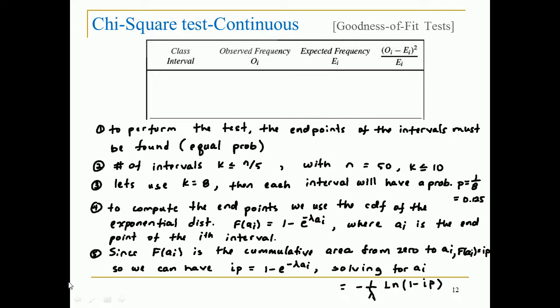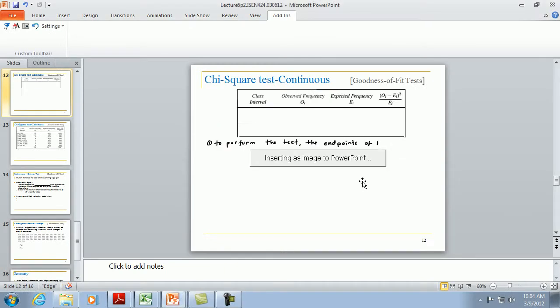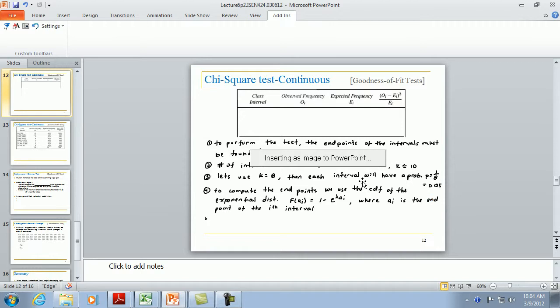Now I'm going to add an extra slide because I'm running out of space here. So what I'm going to do now is, using these steps, compute the first class interval for this problem.